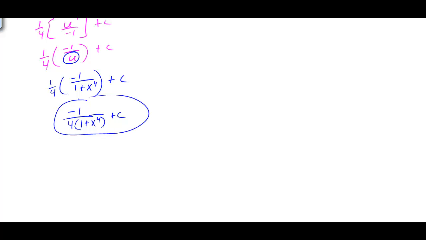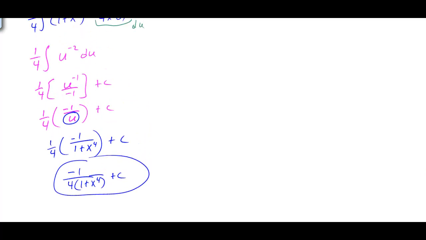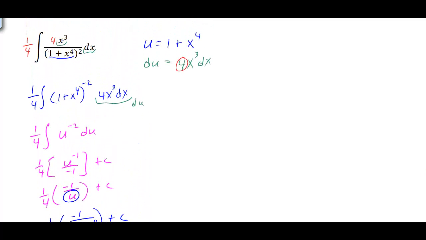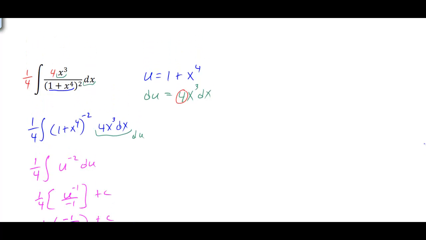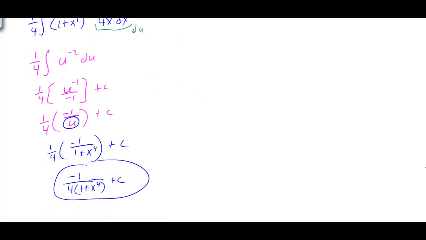And once again, if you want to check this, you can take the derivative of this answer, and you should end up with the original x cubed over 1 plus x to the fourth quantity squared. All right, so there's 3 more examples of using your u substitution.